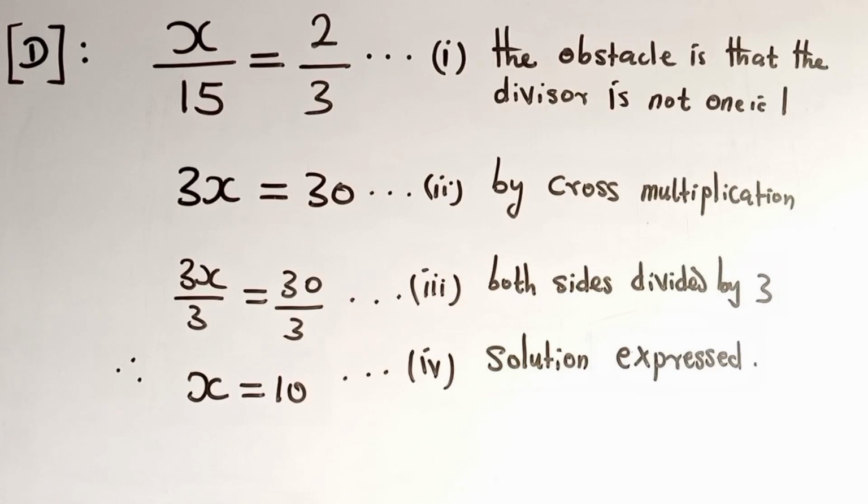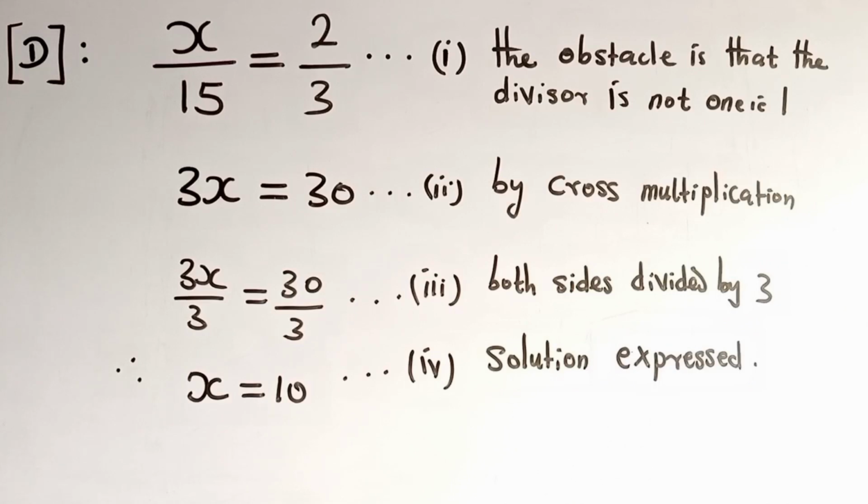The x still has 3 as its coefficient. And so as before, we make 3 become 1 because 1 should be its coefficient, giving rise to, if 3 divides both sides, x is equal to 10. The answer we got after using this method is the answer we got earlier.